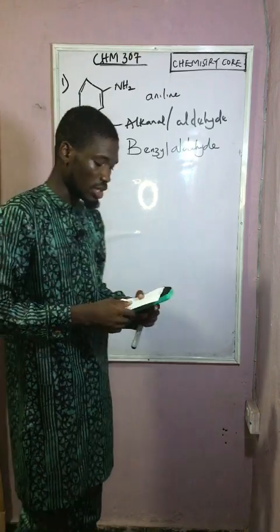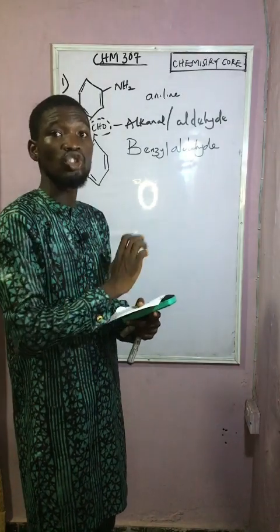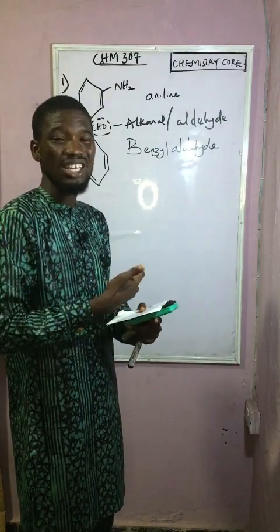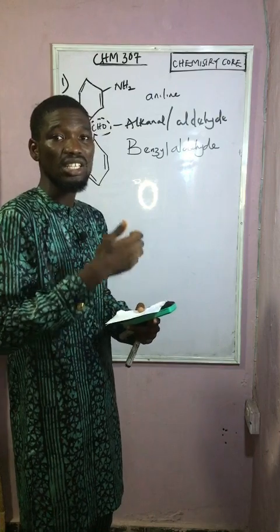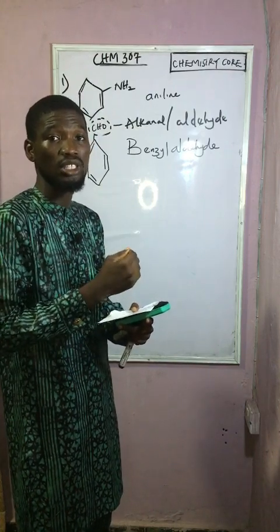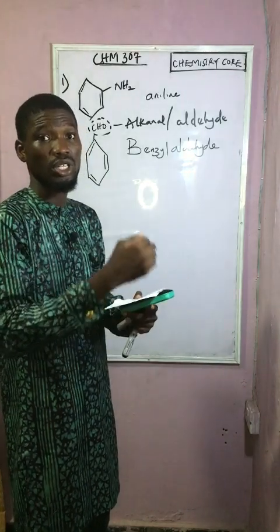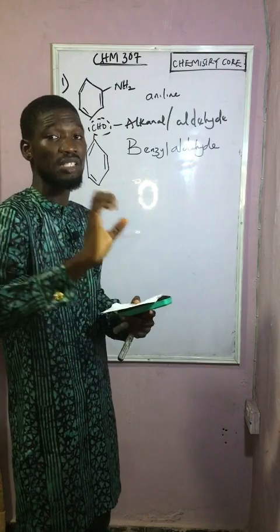One thing I come across with this 307 that many students have issues with is not the naming I deduce here, it is how a student can easily follow the steps for a mechanism, because when it comes to mechanism in organic chemistry, it takes steps which you need to understand the concept. So I'll be showing you guys a bit behind that.